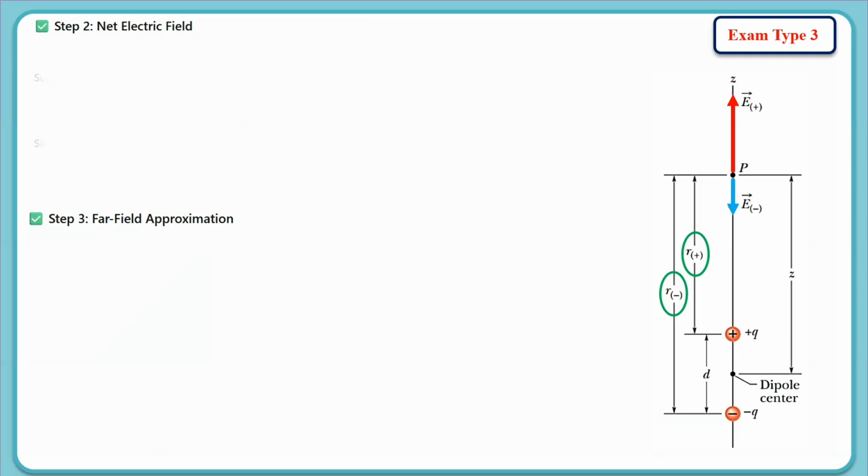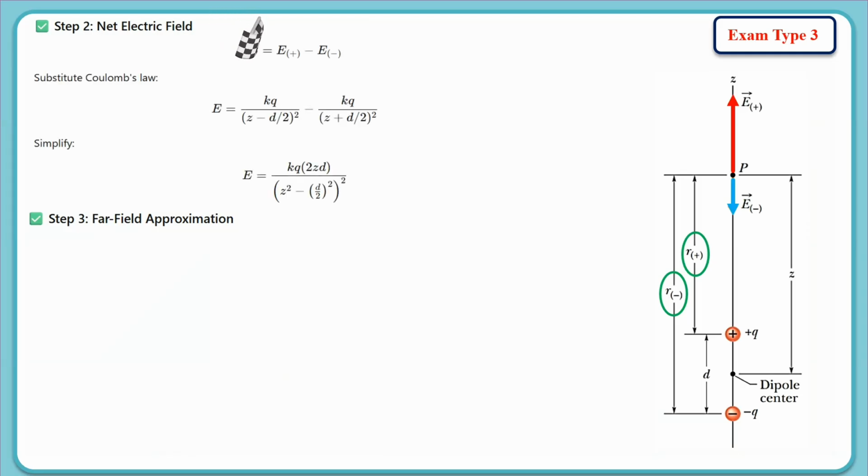Step 2. Write the expression for the net electric field. Before substituting the values, remember that z is the distance from the center of the dipole to point P, and d is the distance between the two charges.